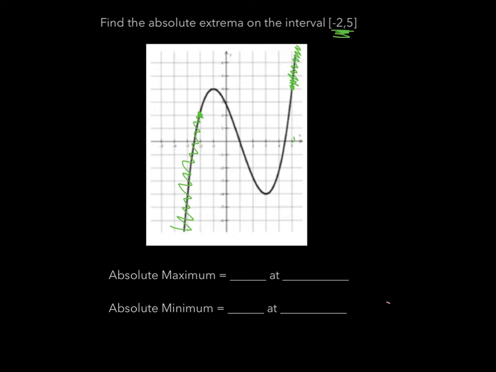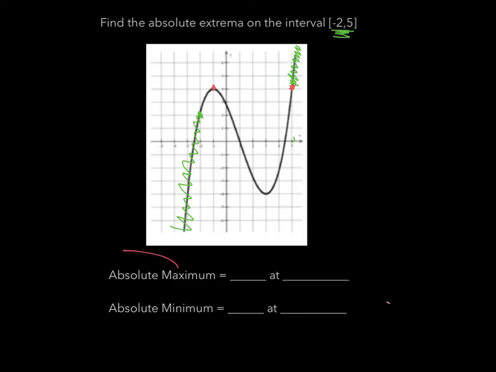All right, so now it's saying what's the absolute maximum? So I want to look at this and say, where is the absolute highest point? And I would say that my absolute highest point occurs in 2 different places. I have an absolute maximum here and here. Now, you want to be careful because the absolute maximum is the height.